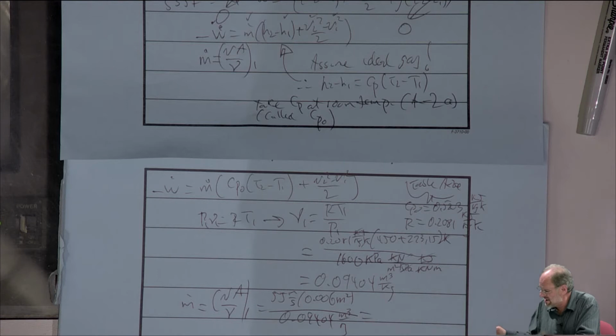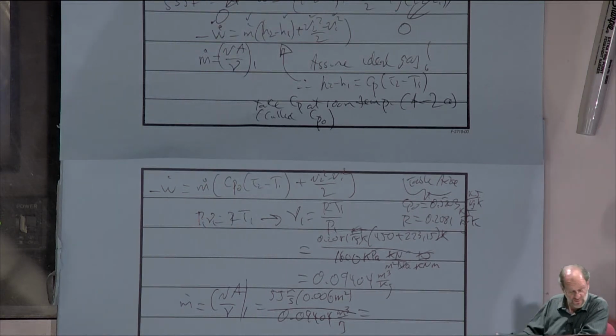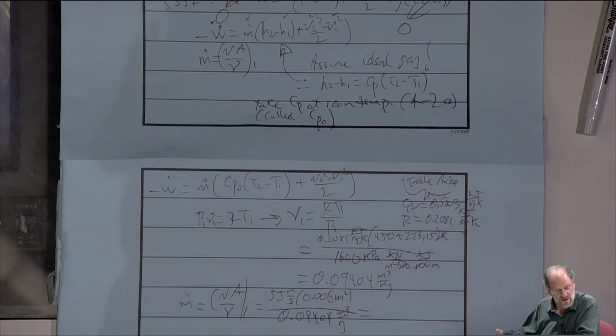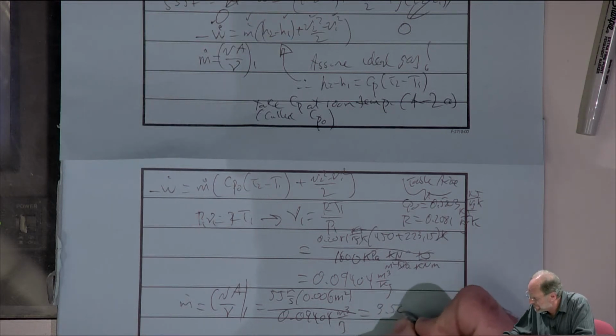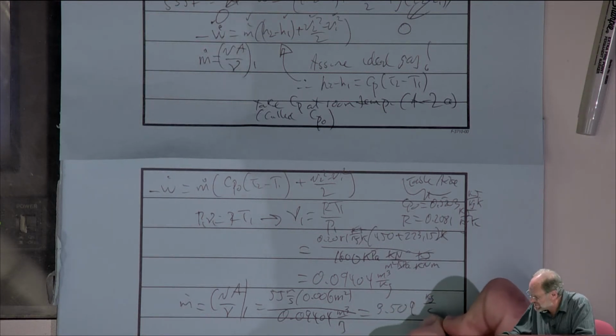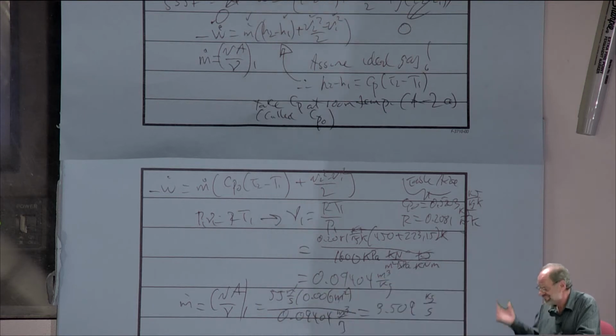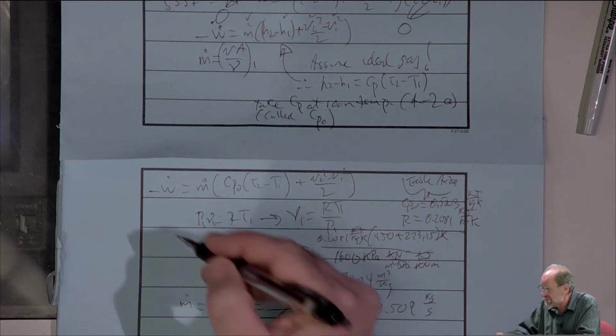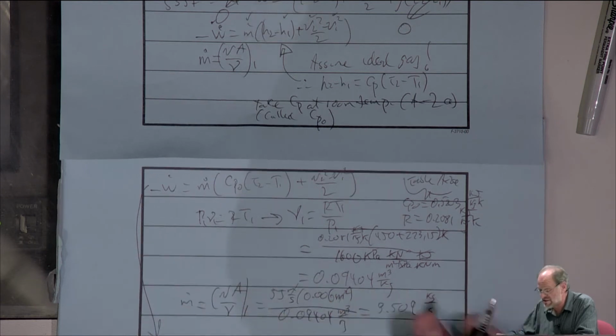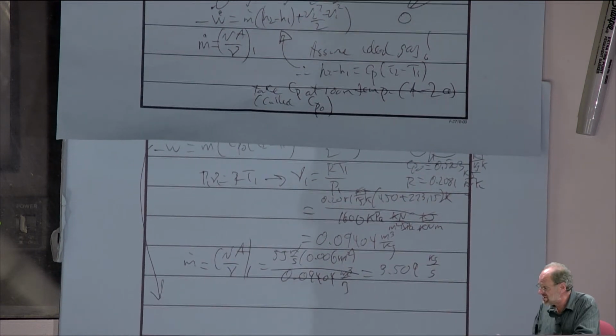And you can see that the length units all cancel. We just get kilograms per second: 3.509 kilograms per second. So mass flow rate is done. And last but not least, let's finish.